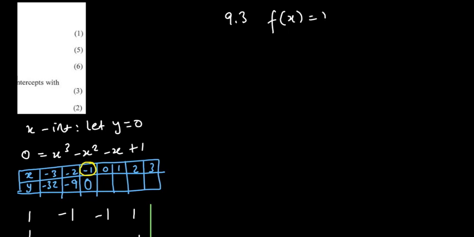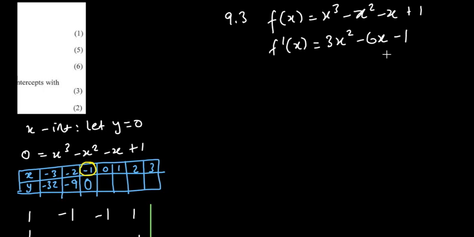f is equal to x cubed minus x squared minus x plus 1. So you just say the derivative of that will be equal to 3x squared minus 6x minus 1. Okay, so you equate the derivative to 0, remember, because at turning points the derivative is always 0.